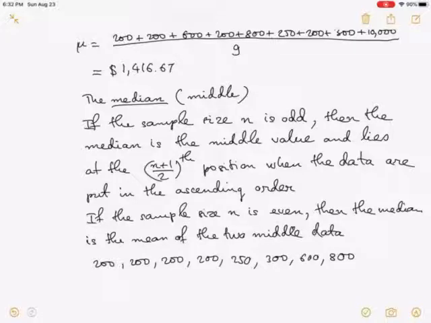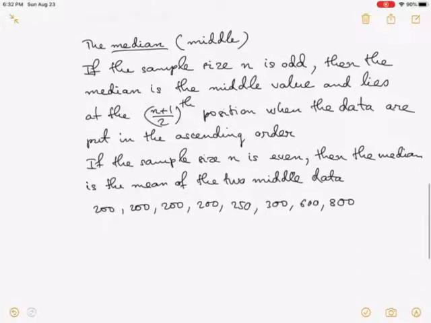So we put the prices of the 8 cell phones in increasing order. Now in this case, 8 is even.